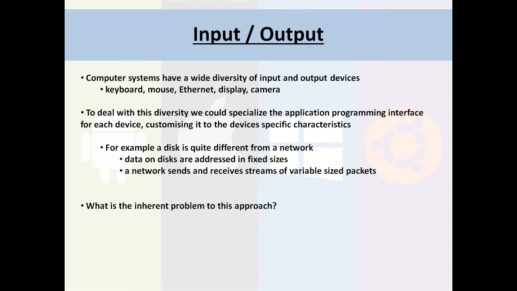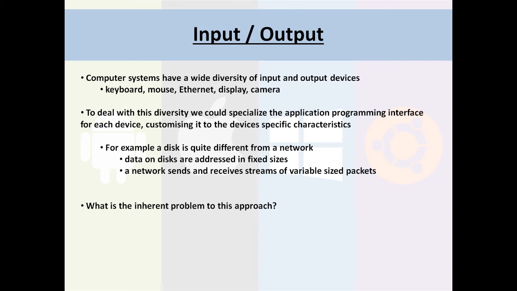Data on disks are addressed in fixed sizes, whereas a network sends and receives streams of variable sized packets. So you can see there is an inherent approach of designing these solutions to be super specific, because you'll have to design so many.